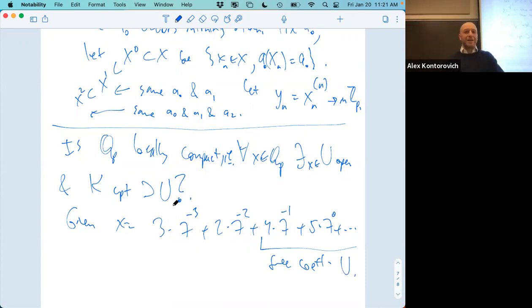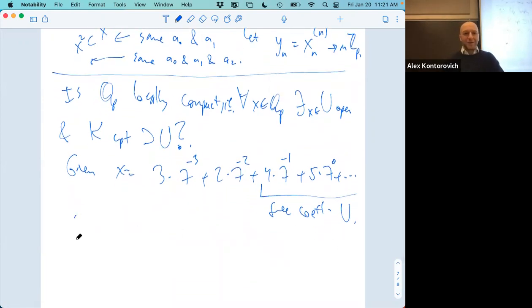Now I want to find a compact set that contains that. But what is this U? This part of U is Zp times a seventh, so there's a seventh times Zp, plus a shift: 3 times 7 to the minus 3 plus 2 times 7 to the minus 2.